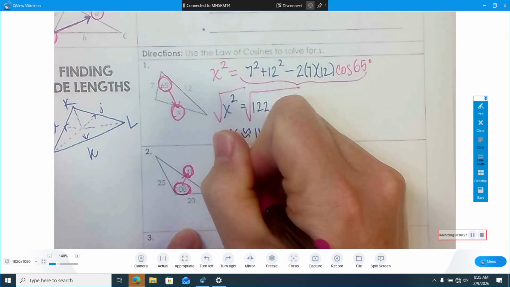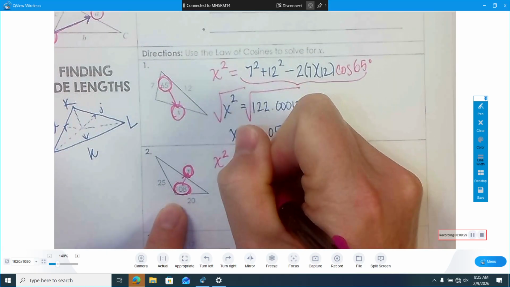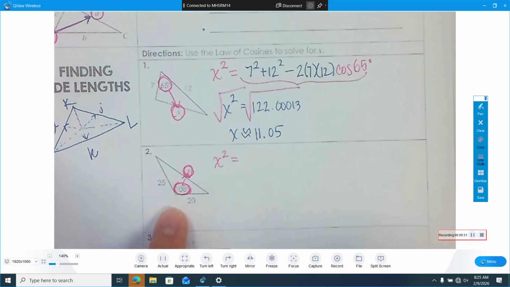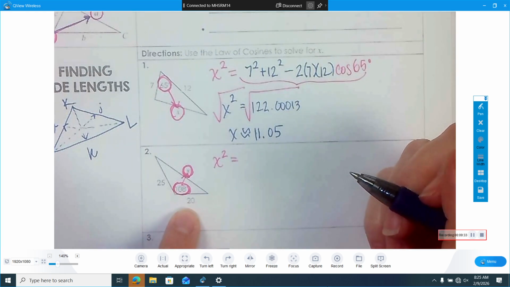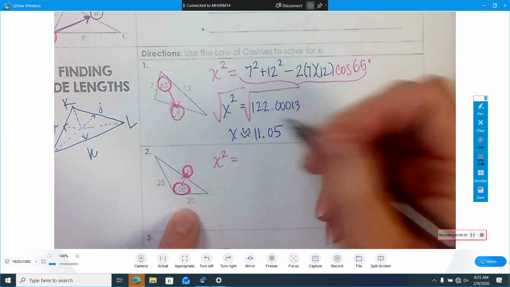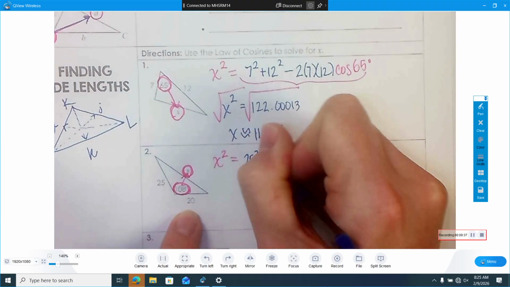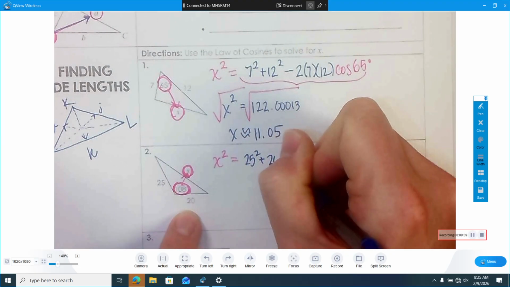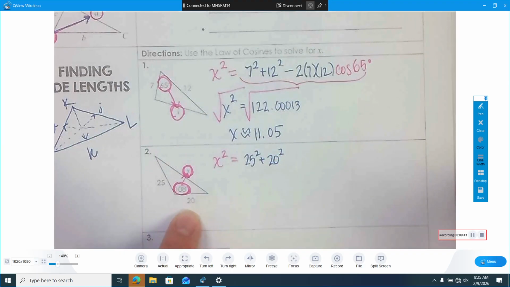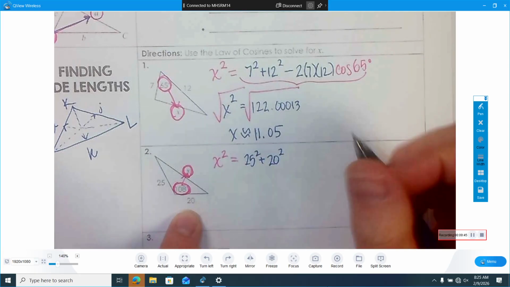So this opposite side squared. So we have x squared equals each side squared. So what should I write? 25 squared plus 20 squared. And then it's minus twice the product of those sides. What should I write for that?